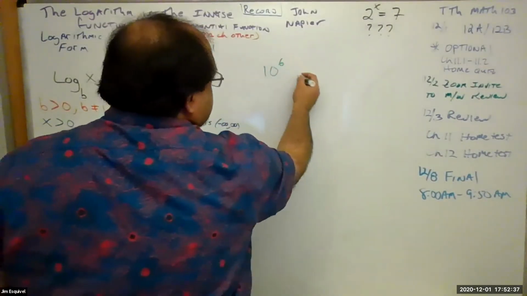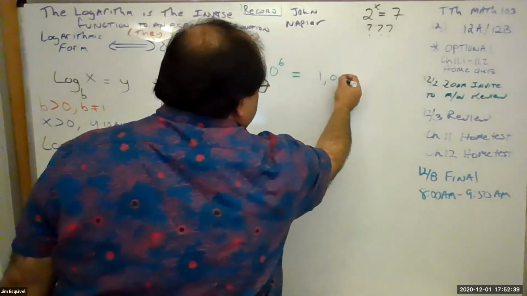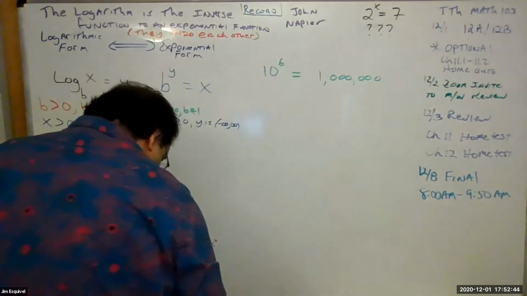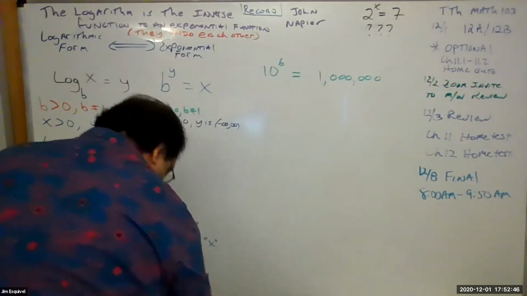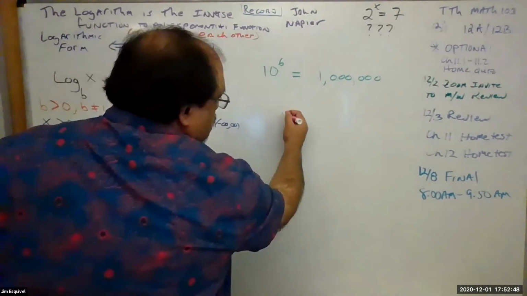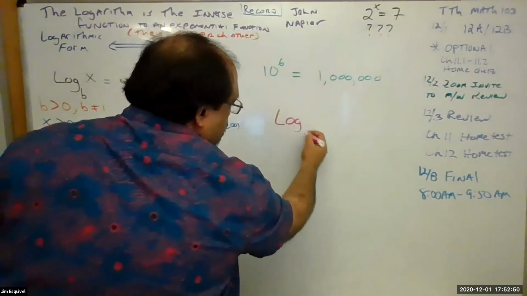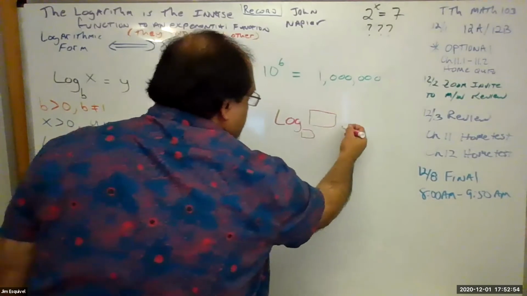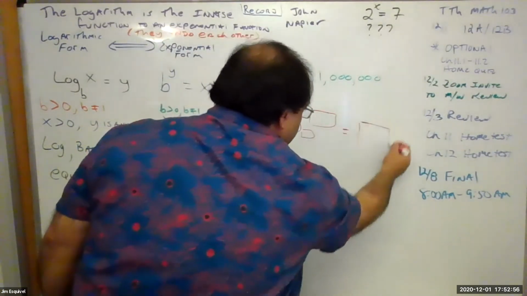Ten to the 6th power equals 1,000,000. And what we want to do is write it as log base something on the inside equals something over here.